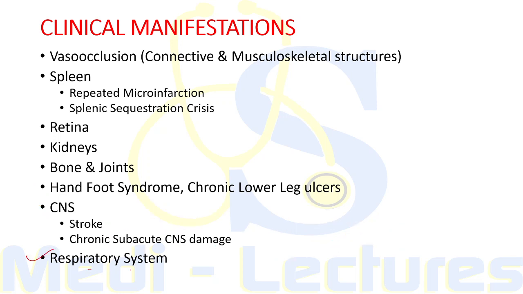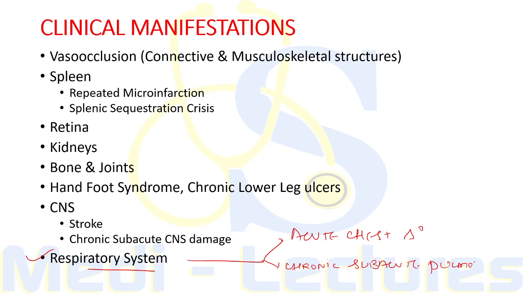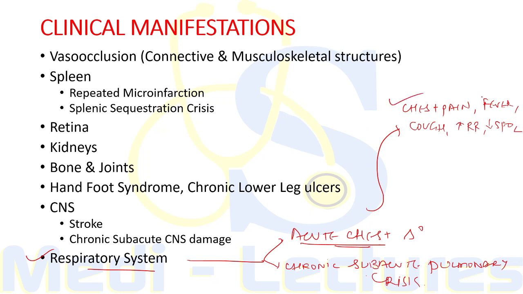Now, involvement of respiratory system is very important. It can lead to either acute chest syndrome or chronic subacute pulmonary crisis. So what happens in acute chest syndrome is that it is a distinctive manifestation characterized by chest pain, fever, cough, tachypnea, and decreased arterial saturation.